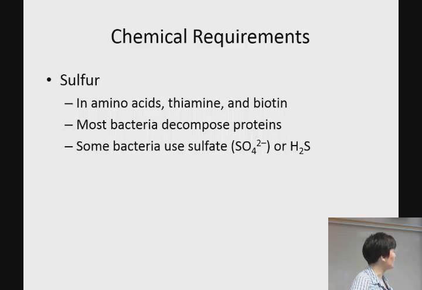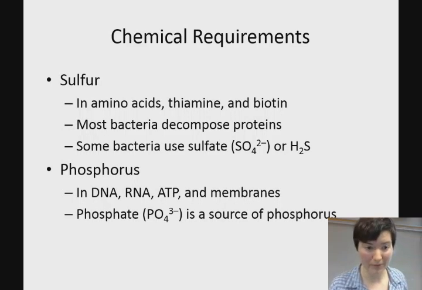Sulfur is also important. It's found in a couple of amino acids and in some vitamins. Most bacteria get sulfur by decomposing proteins because, again, it's in some amino acids. So if you break down cysteine, for instance, or methionine, you can get the sulfur out. Some bacteria use sulfate or hydrogen sulfide gas, which we cannot do. Also, phosphorus is important. Where is phosphorus found?